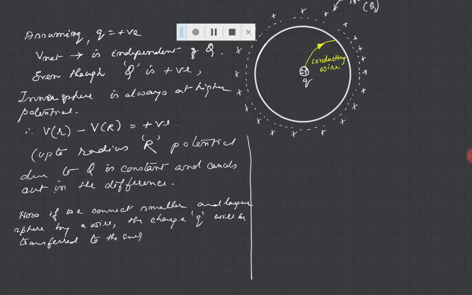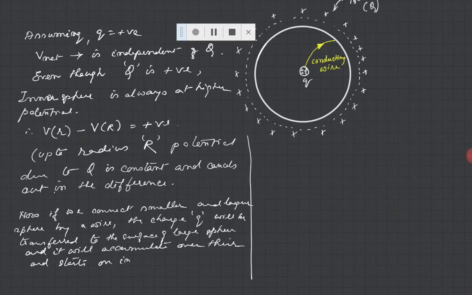So charge small q will be transferred to the surface of the large sphere and it will accumulate on the large sphere, and it starts increasing.